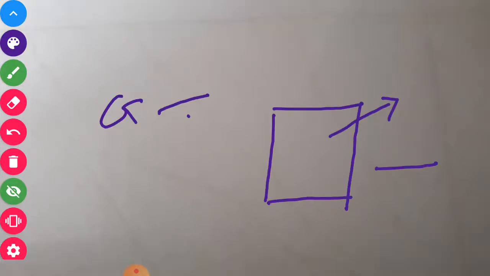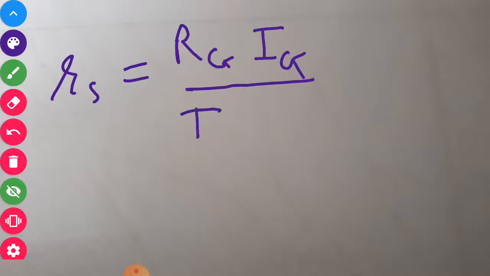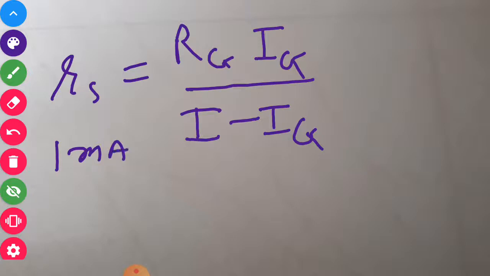Now the formula for shunt is Rs is equal to Rg into Ig upon I minus Ig. Now if the current capacity is say 1 milliampere, if you pass that current, then the galvanometer shows full scale deflection.